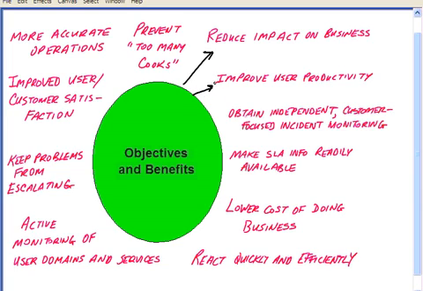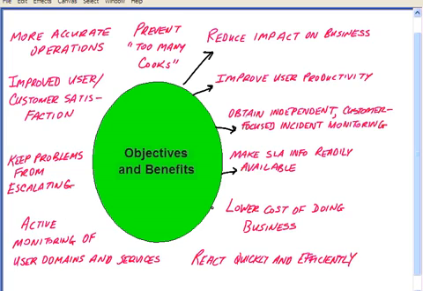We're going to improve user productivity by getting that user back to work quickly by following through on the incident. We also want to have an objective of obtaining independent, customer-focused incident monitoring. It'll also make our service level agreement information more readily available.